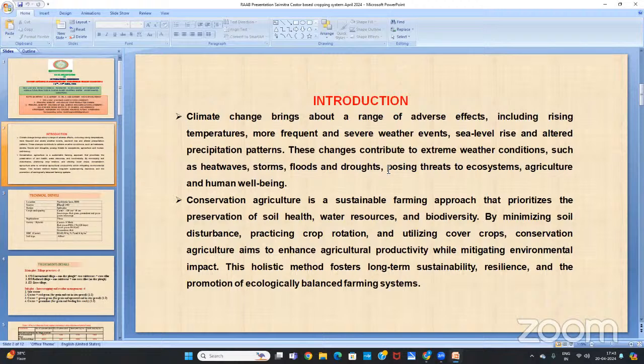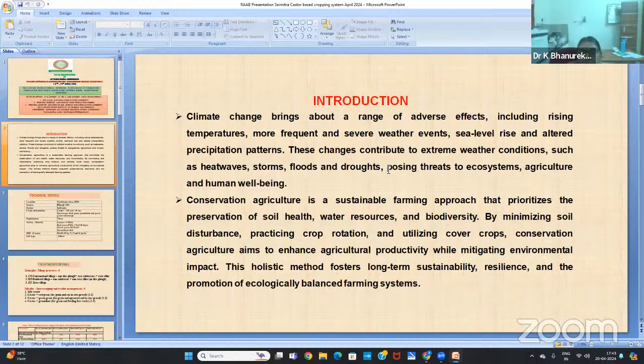So I don't want to focus much on the written material, but as all of us know, in the present scenario of climate change, due to our agricultural operations or human activities, apart from the severe occurrence of heat waves which we are observing now, storms, floods, and droughts pose a threat to ecosystem and agricultural production, apart from the well-being of human beings.